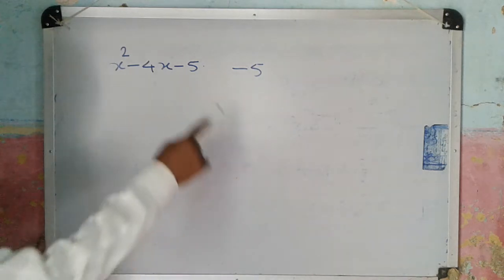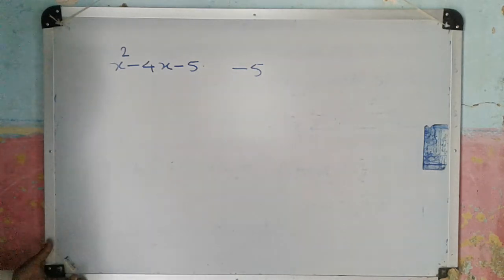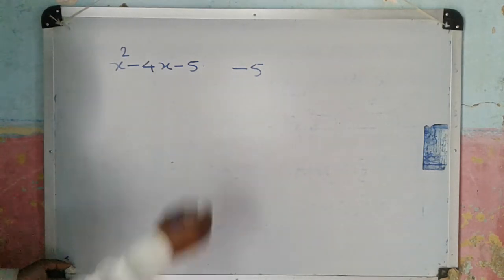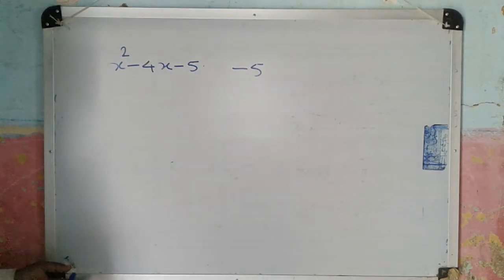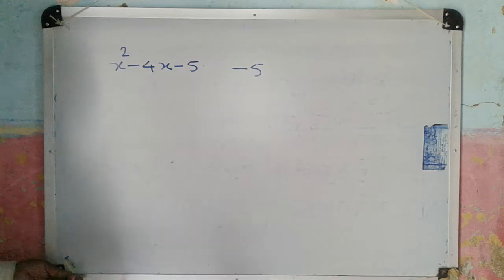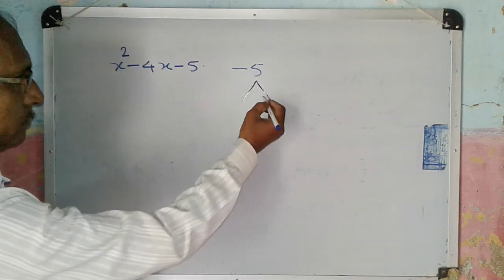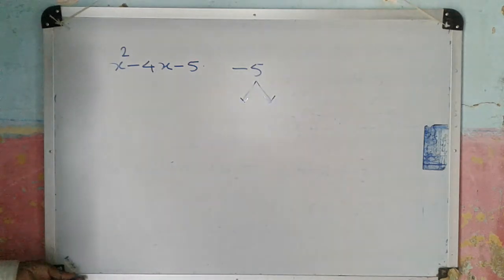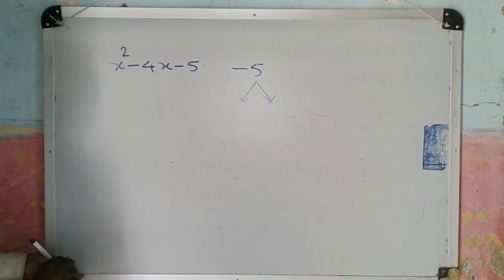For that we have to find the factors of the last term. So find the factors of minus 5 such that their sum is minus 4.